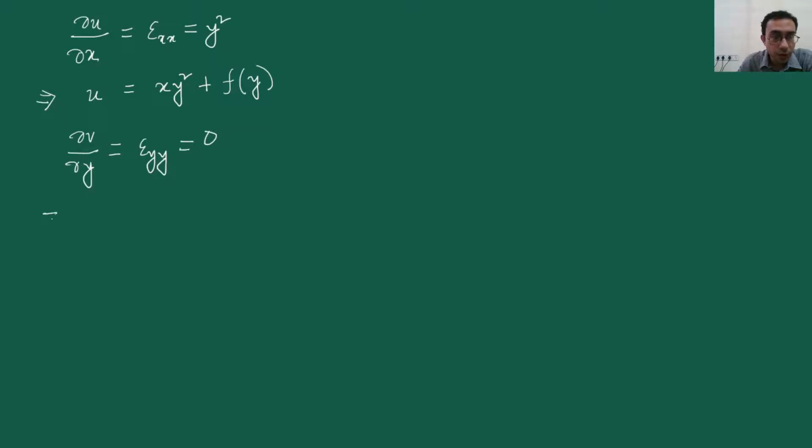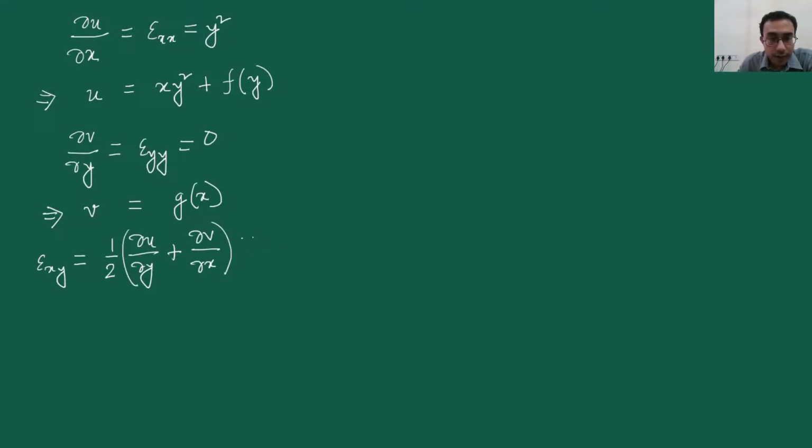Just like before, we can find v as some function of x. From this expression of u and this expression of v, involving the unknown pure functions of y and of x, we can find epsilon xy is equal to half of del u del y plus del v del x.